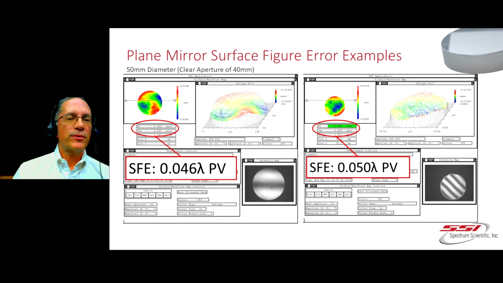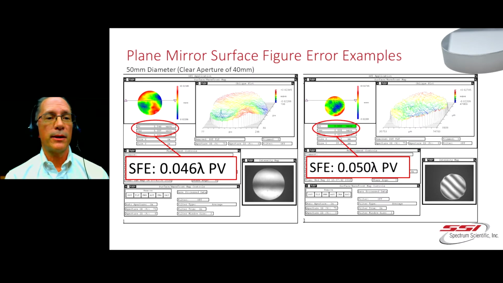It is common for us to get requests for plain mirrors being replicated onto aluminum mostly, sometimes stainless steel. For FTIR instruments, they have a moving mirror, so I think that might be what this goes into.